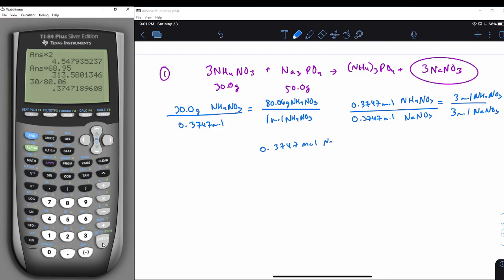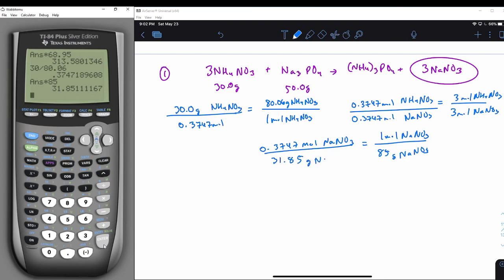And that 1 mole of NaNO3 is the equivalent of 85 grams of NaNO3. So this times 85 gets you possibly produce 31.85 grams of NaNO3.